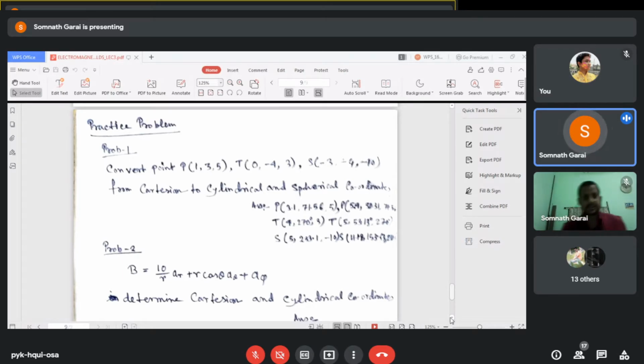Did you understand the three coordinate system? Just imagine it, then you can understand and visualize the three coordinate system. That's why I am showing some objects, to better understand.